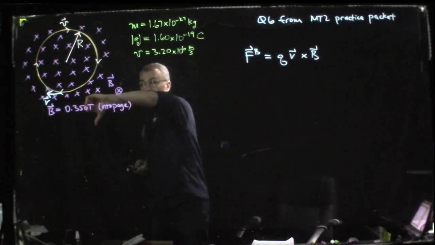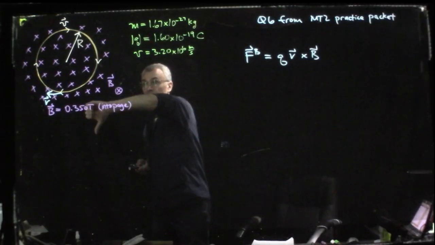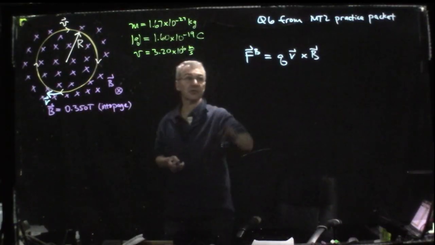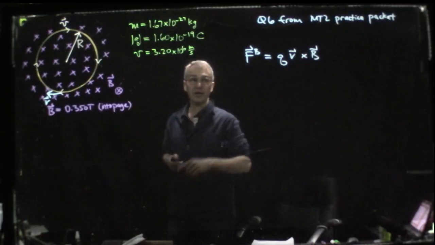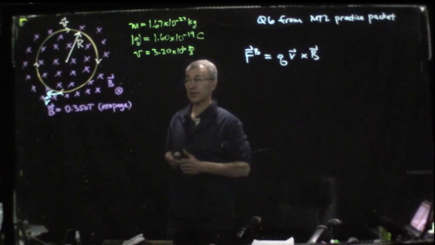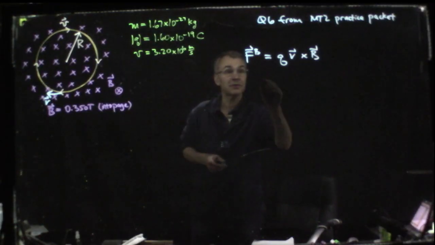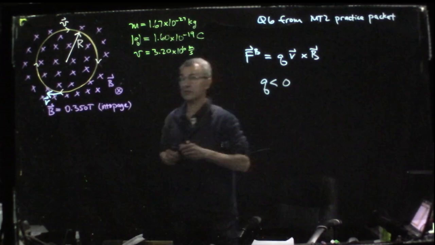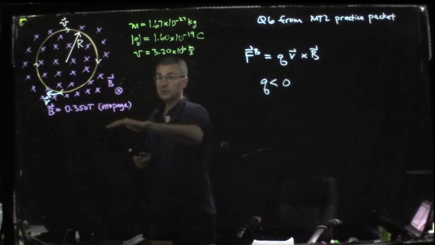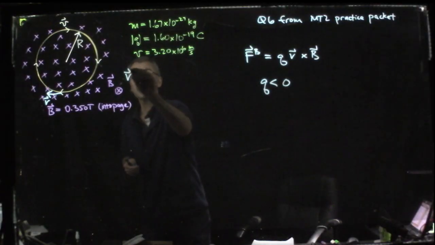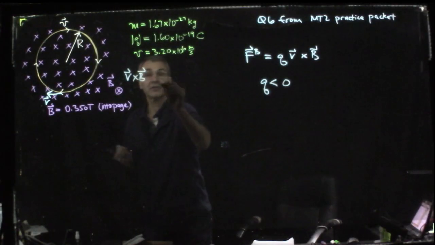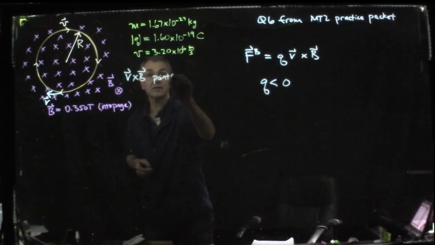If I do V cross B, so V is to the left, B is into the page, the result would be that the force points outward away from the center of the circle if I had positive Q. If I have minus Q, then of course I just flip the direction. So it appears that we must have Q less than 0, because V cross B by itself points radially outward.